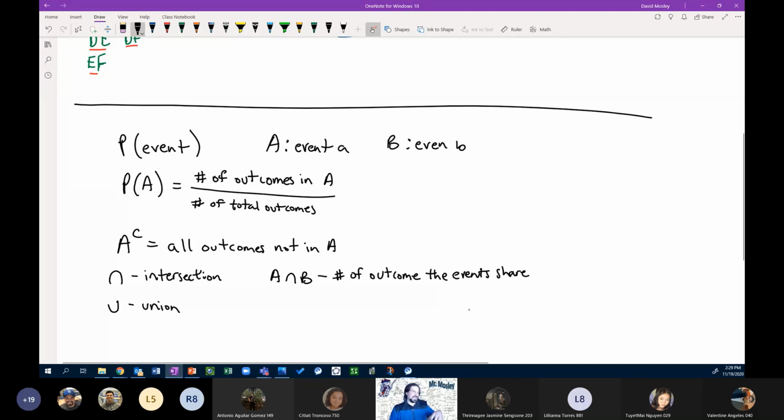So the number of outcomes that happened in event A and also happened in event B. A union B is the number of outcomes both events have in total. So essentially, the union is adding up all the outcomes between the two events. The intersection is only counting the outcomes that both events have in common.